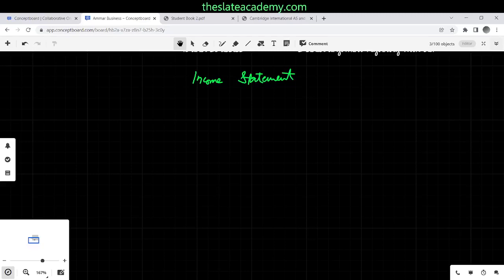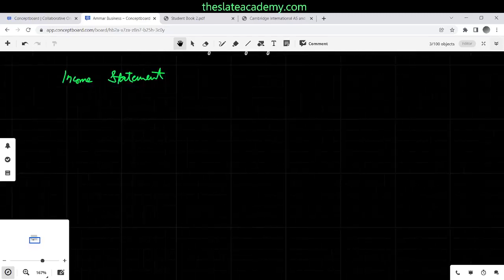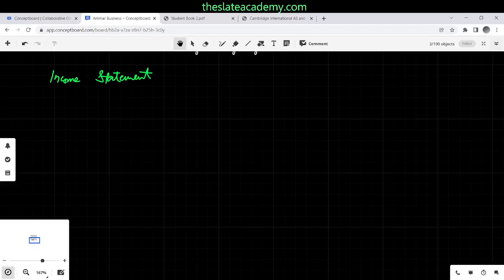It's also sometimes called the profit and loss statement. The other one is called the statement of financial position or balance sheet. How is the income statement drawn? The broad principle of the income statement is revenue minus expenses is equal to profit.